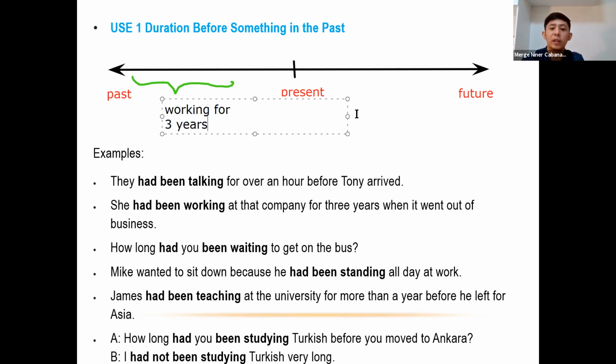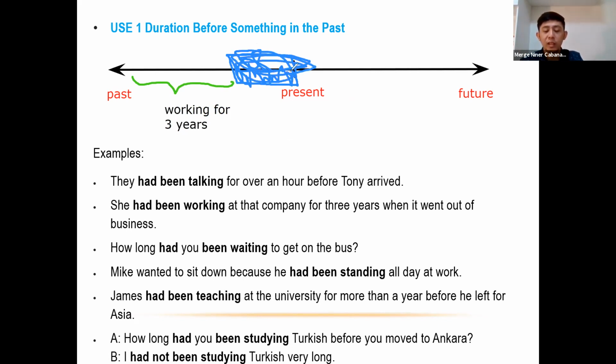So she had been working for that company for 3 years. Unfortunately, this working for 3 years is not in the present. There's a duration here. All right. It does not translate to her working in that company even in the present.